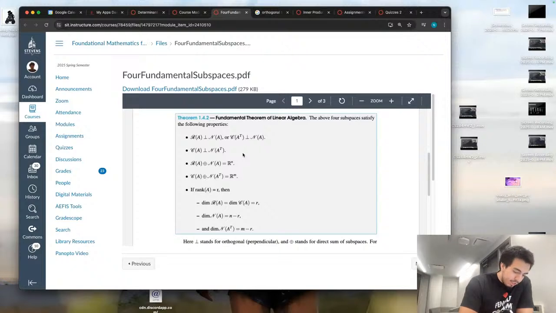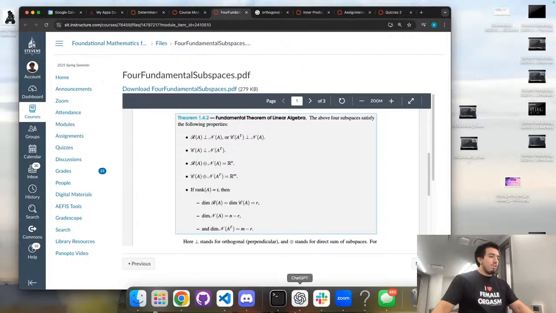The dimension of the null space is equal to, I think, the number of rows minus the rank. Let's see.